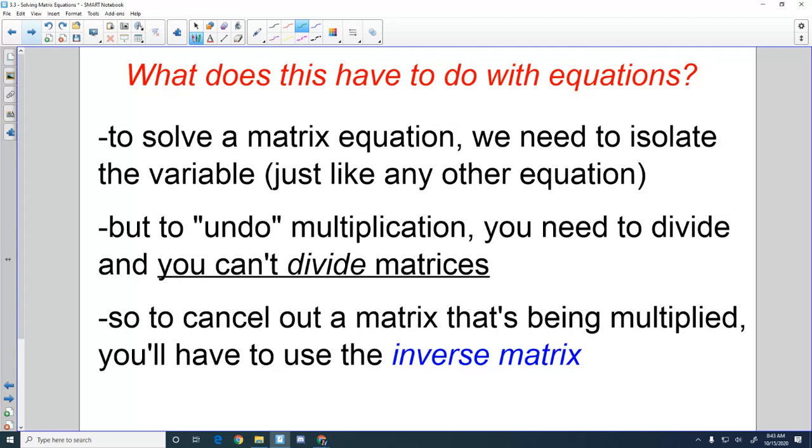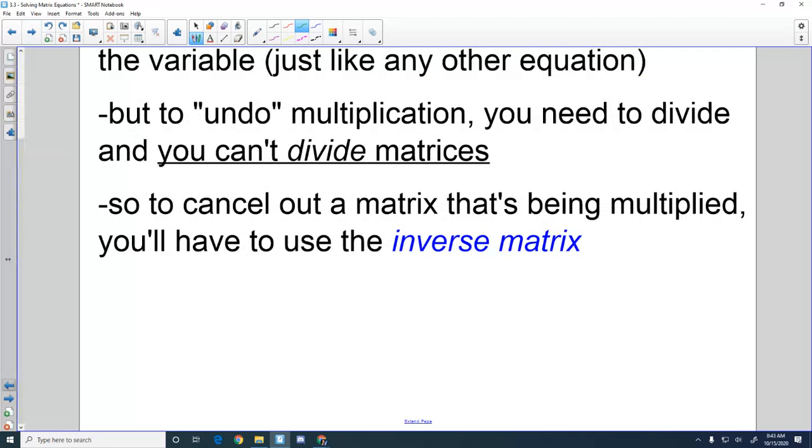Because multiplying a matrix by its inverse turns it into the identity matrix, which we can just ignore. So that's going to be our process. To cancel out a matrix, we have to figure out that inverse matrix, and then we multiply by it. So let's practice.